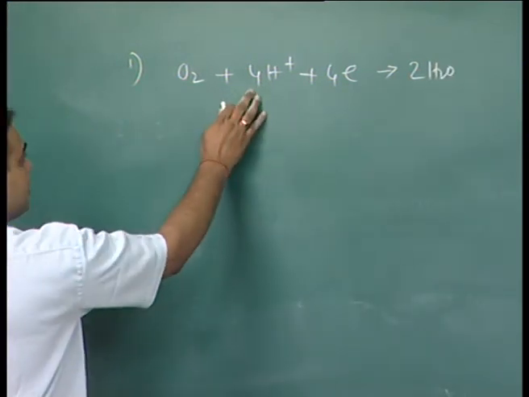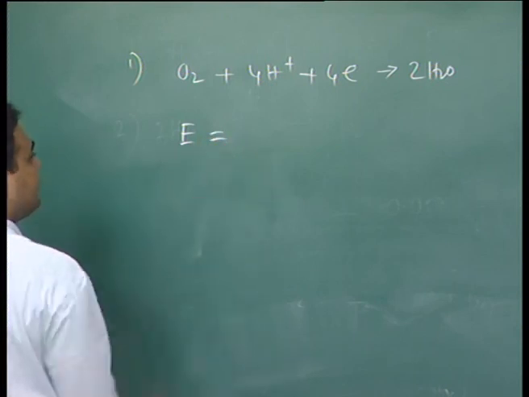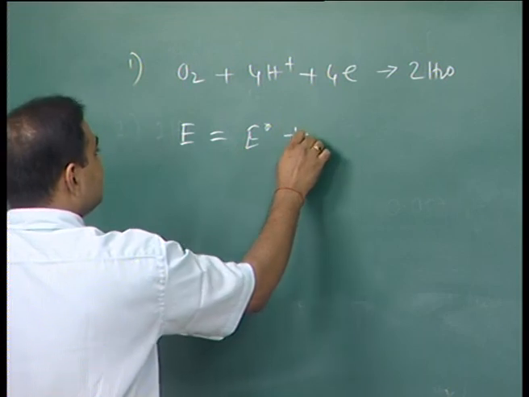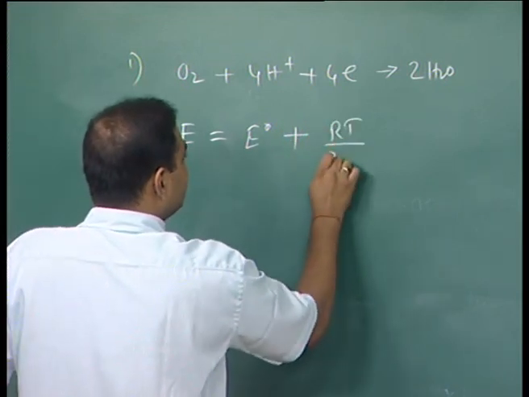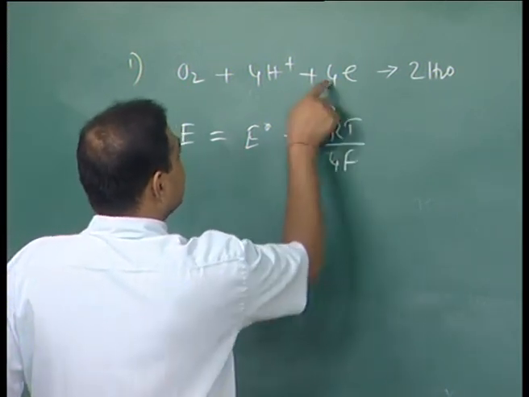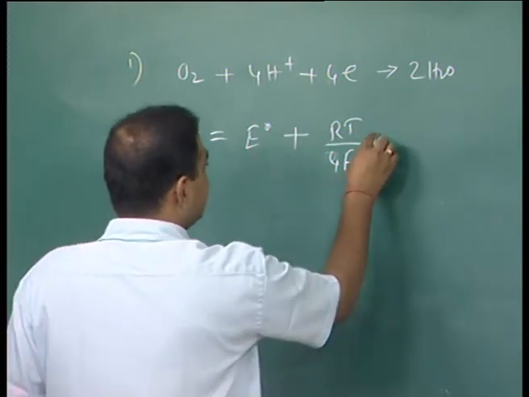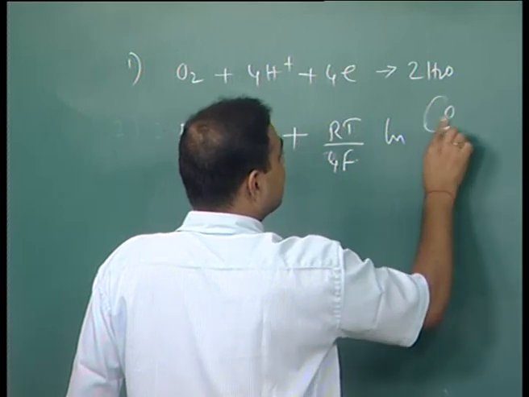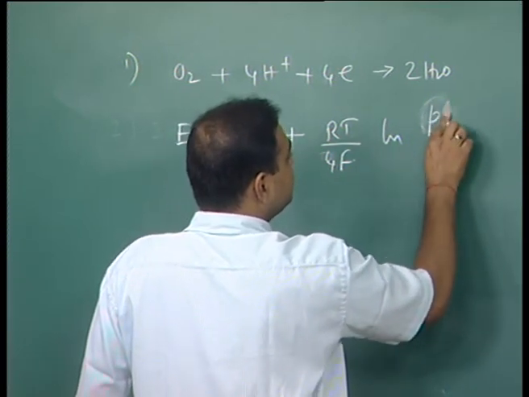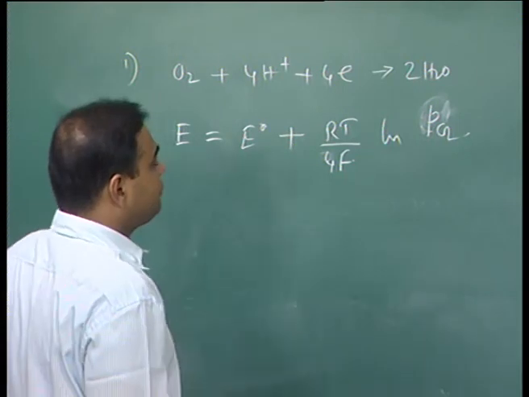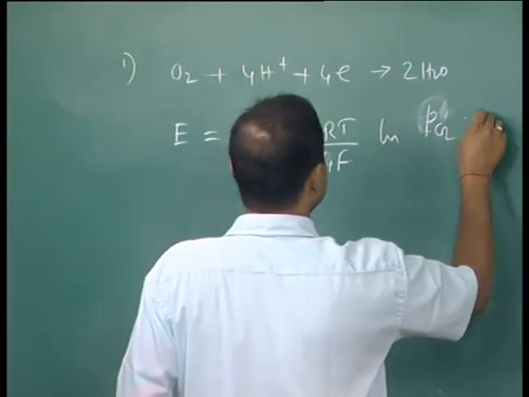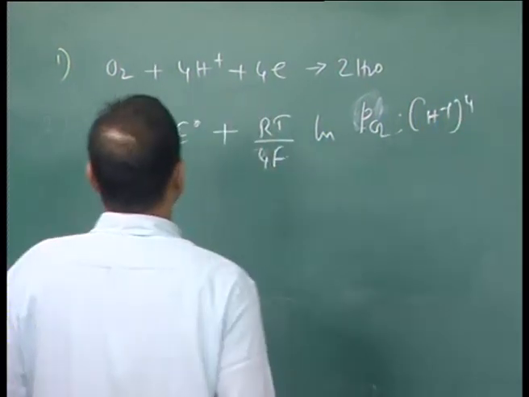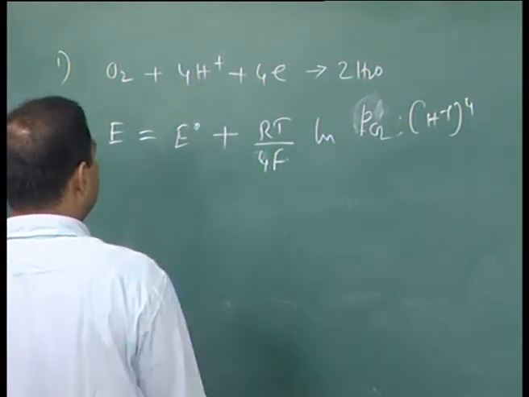Now, this same relation you can also write in the form of the last equation, E0 plus RT over 4F, because here we have 4 electrons, ln of PO2, because this is in gaseous form, PO2, and H plus ion concentration to the power 4, because there are 4 H plus ions.